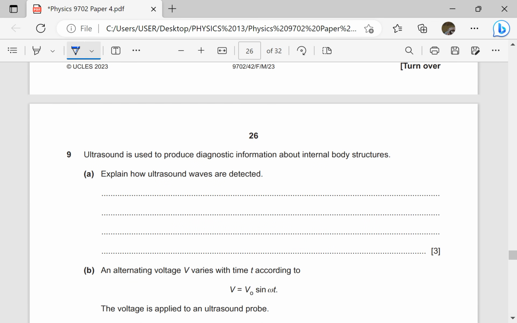Okay, ultrasound is used to produce diagnostic information about internal body structures. Explain how ultrasound waves are detected. This time we want only detection.